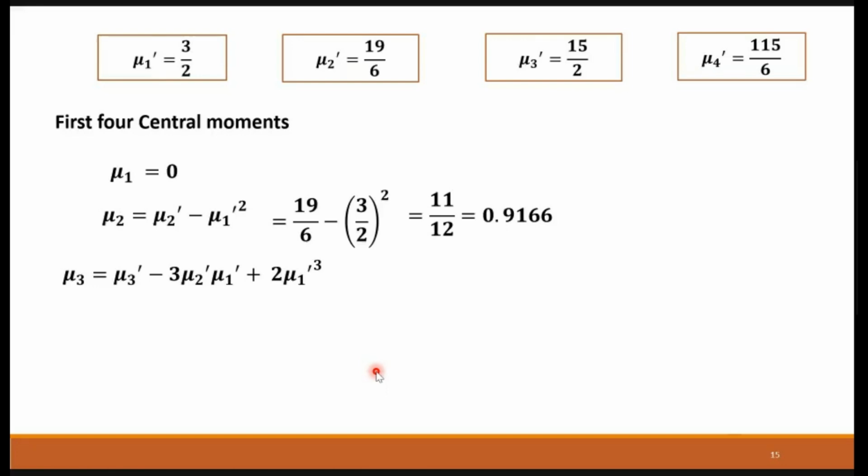Yes, 0 is right. 0 is the correct answer. Substituting for mu3 dash, mu2 dash is 19/6, mu1 dash is 3/2, and then 3/2 the whole cube. If we simplify, the answer is 0. Correct. That is equal to 0. So just check, Tejas and Harsh.